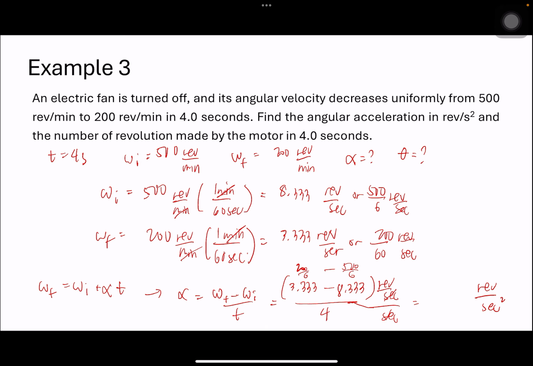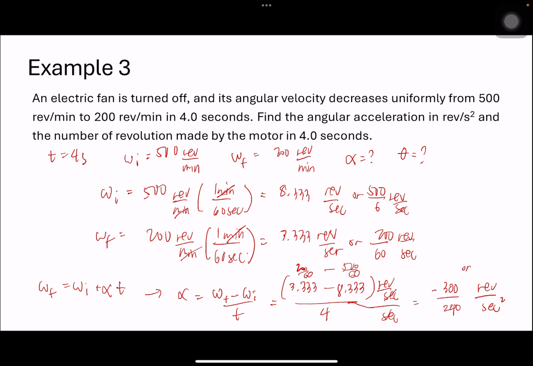This will be negative 300 all over 6 times 4, which is 24. Or when we get the value of negative 300 divided by 24, 60 times 4 is 240.